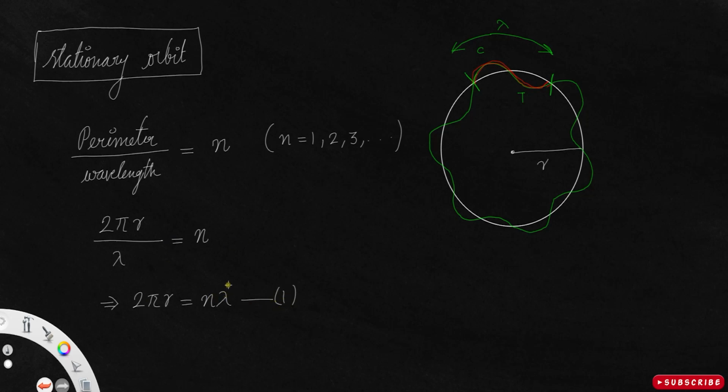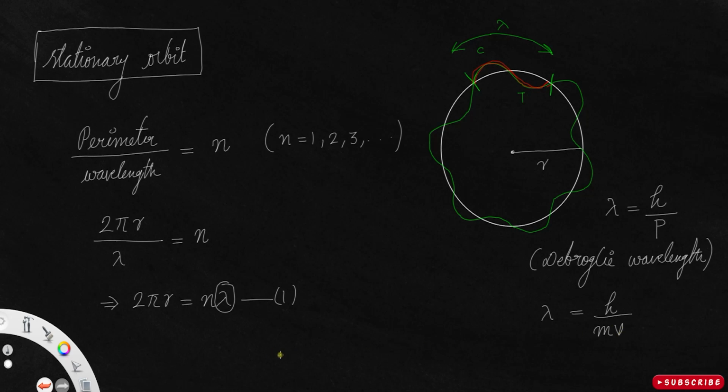But we know this lambda is equal to h by p, that is according to de Broglie. Lambda is actually the de Broglie wavelength. So lambda is equal to h divided by, instead of p, I can write mass into velocity.